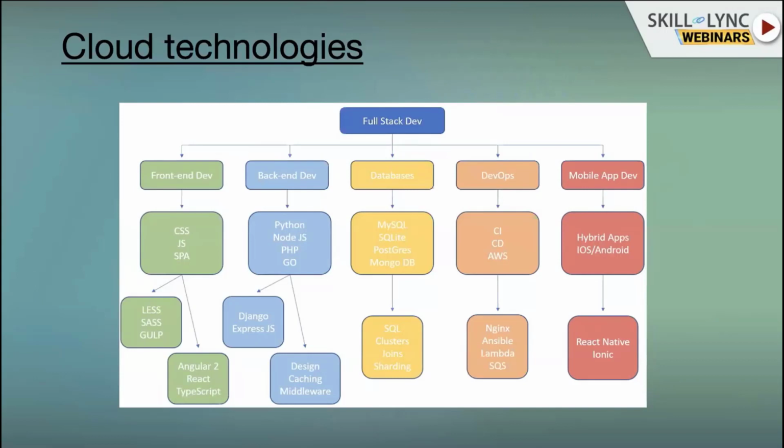So you need technologies to build an application which works on iOS, and a technology which works on Android. For Android we use Java, for iOS you use Swift programming, and then there is something called React Native, Ionic, like that. I'll come back to that later.